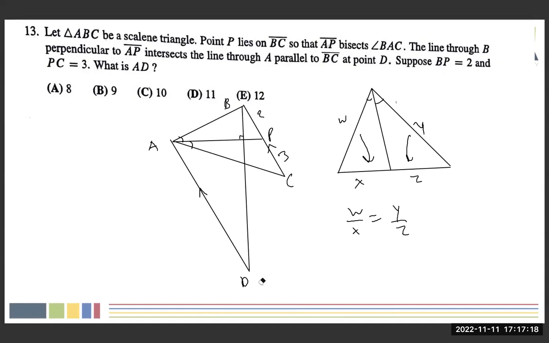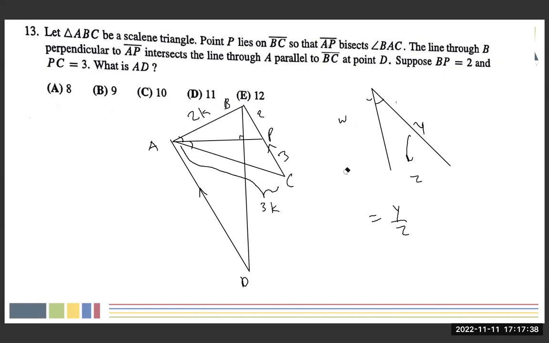So how does this help here? Well, we can apply the angle bisector theorem to this problem directly because we have an angle bisector and we have a ratio, which means that by the angle bisector theorem, this has to be 2 times some constant k, and this whole length here has to be 3 times some constant k.